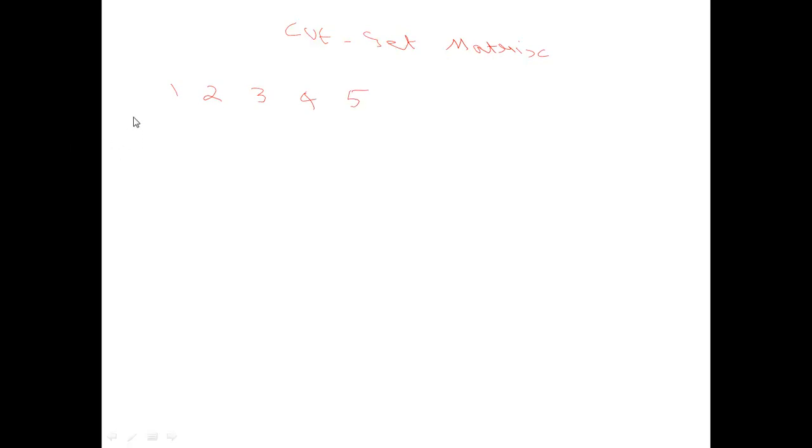Let you will be having 3 cuts, C1, C2 and then C3. So let the matrix be 0, 1, 1, 0, 0 and then 0, 0, 1, minus 1 and then 1. Now 1, 0, 1, minus 1, 0. So assume this is your matrix, cut set matrix.